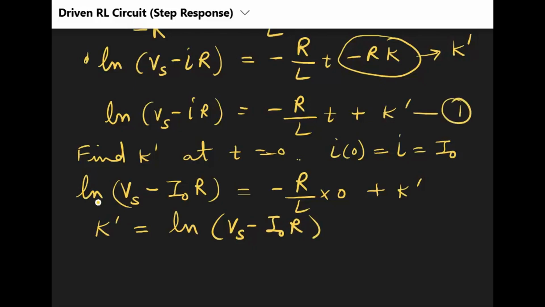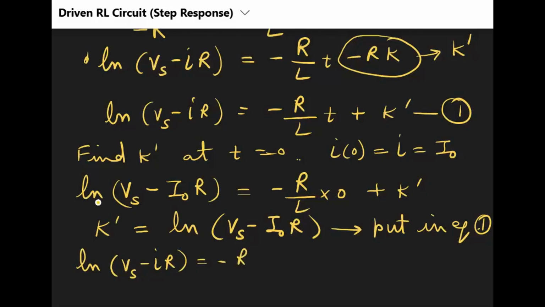This we have to put in equation 1. Equation 1 will become ln(Vs minus iR) equals minus (R by L) t plus ln(Vs minus I0 R).